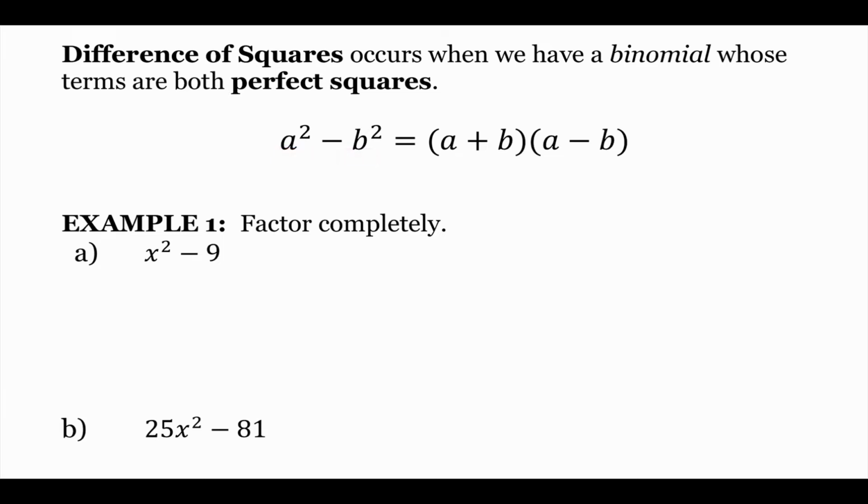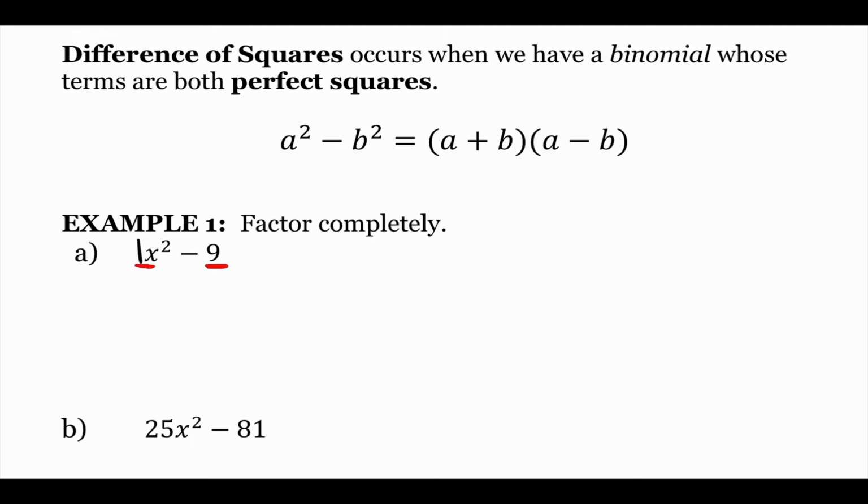Okay, so the first example, x squared minus 9. Does it have a perfect square in the front? Yeah, what is the number? 1. 1's a perfect square. It was on my list. How about the second number? 9.